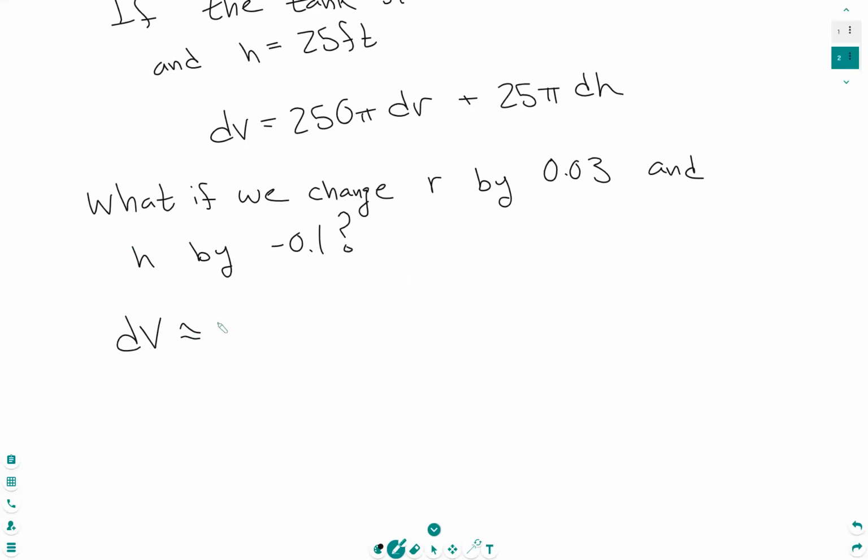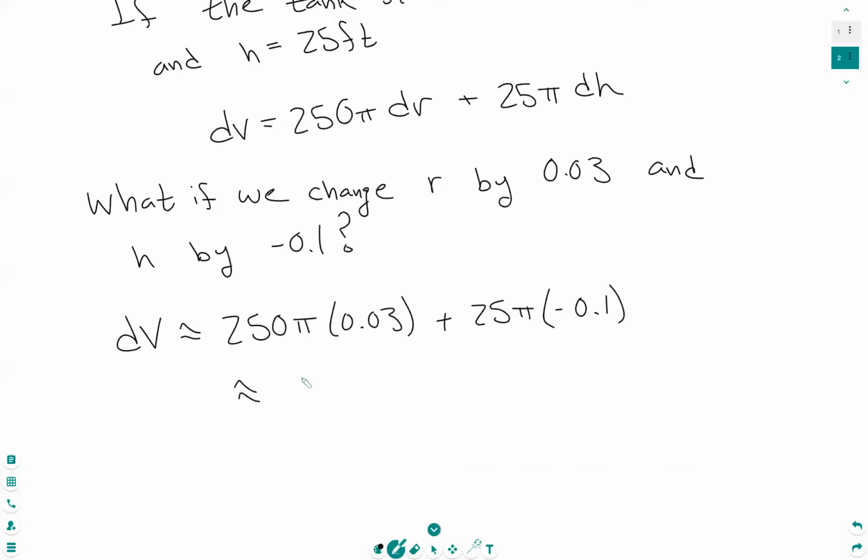My change in volume would be approximately 250 pi times 0.03 plus 25 pi times negative 0.1.